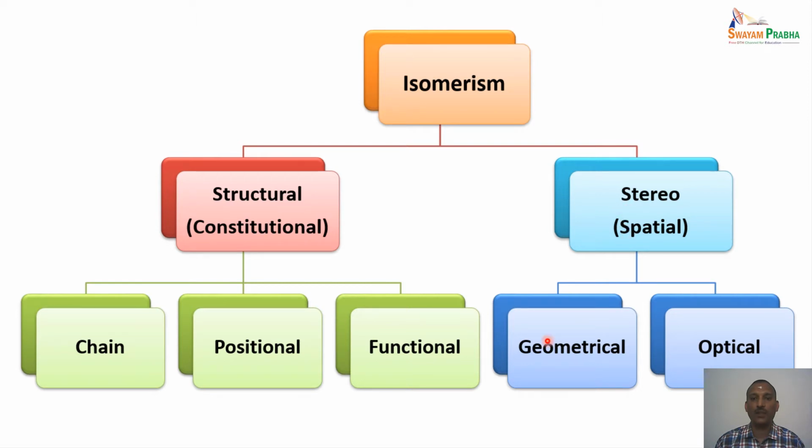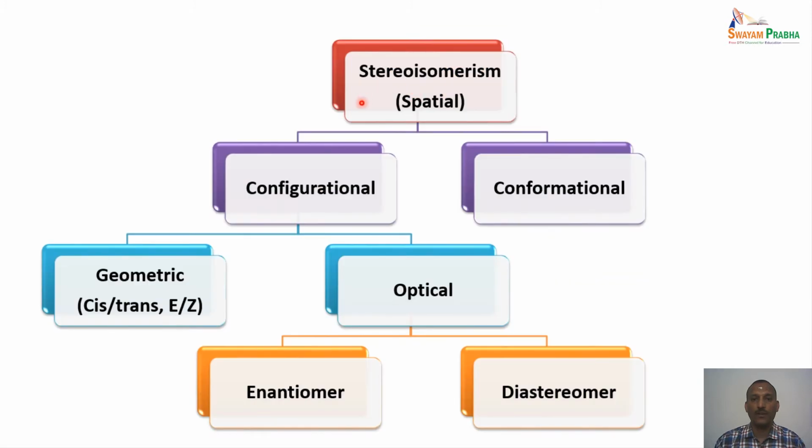Stereoisomers are generally classified into geometrical isomers and optical isomers. When we talk about configurational isomers, they are actually geometric isomers and optical isomers. And the second major class is conformational isomers. So what is the difference between configurational isomers and conformational isomers?